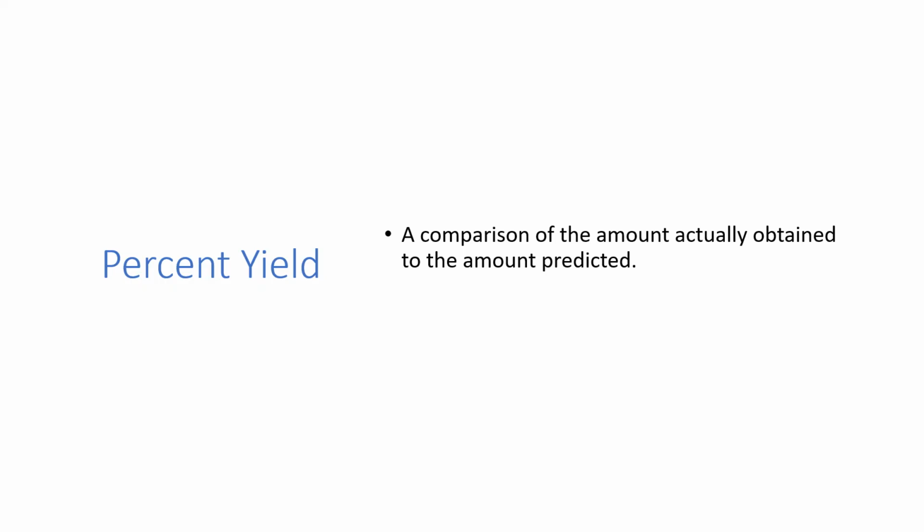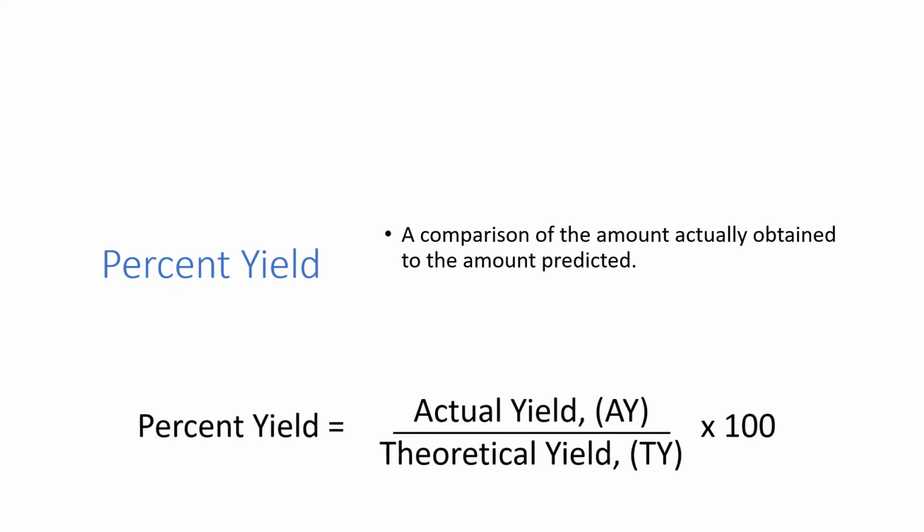So, meron kang computed na theoretical yield, and then meron kang actual yield na actual na clients na pumasok at nagbayad. And if you compare that, that is called percent yield. So, ito yung formula. Very simple lang naman. Actual yield over theoretical yield times 100 is your percent yield.